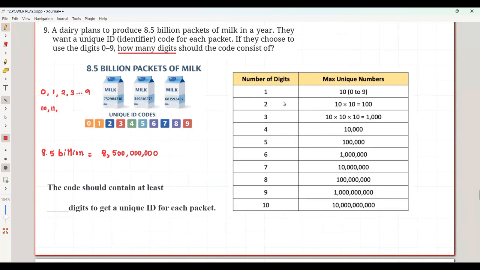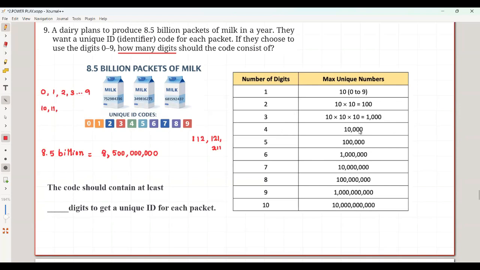The same way, if I take 3-digit numbers, 100, 101, 102, and interchanging the digits, for example 112 can be written as 121 or 211. So with 3 digits, taking 10 into 10 into 10, I will get 1000 unique IDs.